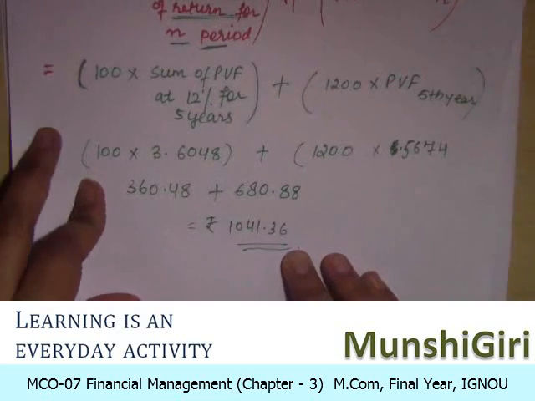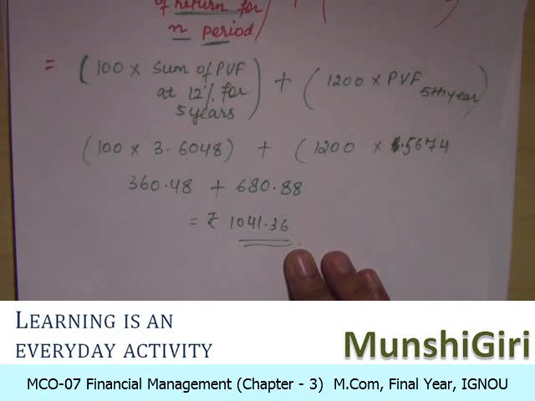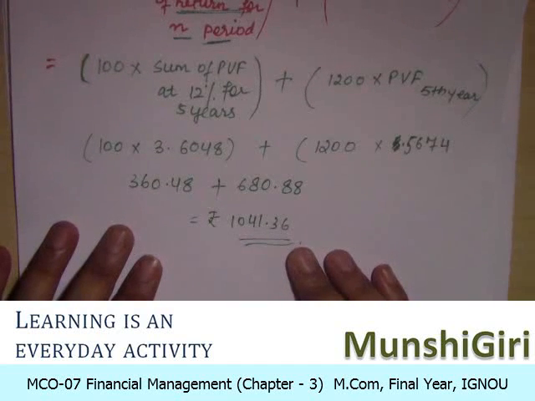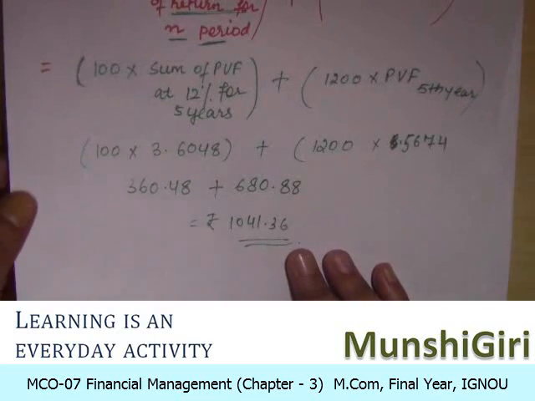So we just calculated the present value or the current price of a bond in case this is a redeemable bond. Second thing that comes under bond valuation is calculation of yield to maturity, that is YTM.